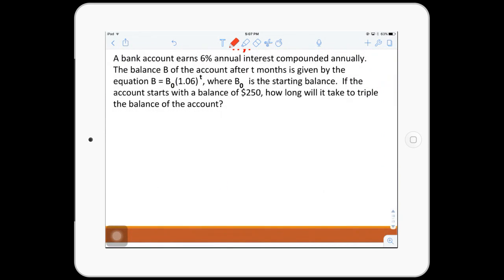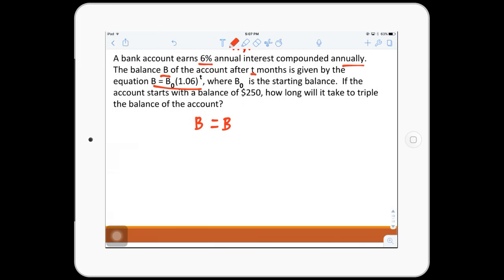Next one, you can go ahead and try it before we do this, and then let's take a look at the answer. A bank account earns 6% APR compounded annually. That means once a year. The balance B of the account after t years is given by this equation here. So we're going to write down the equation: B equals B naught times 1.06 to the t power.